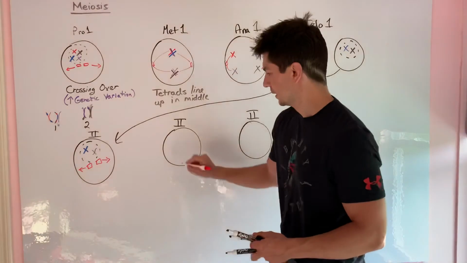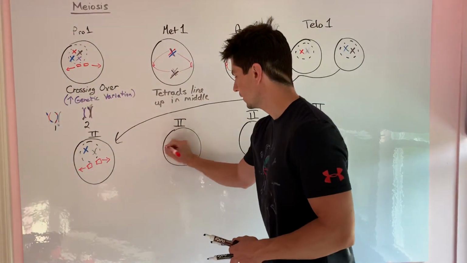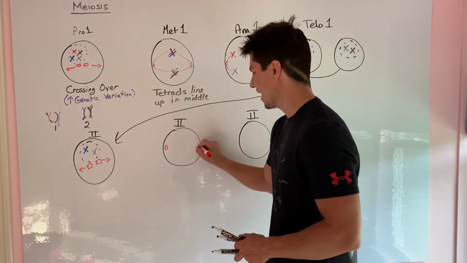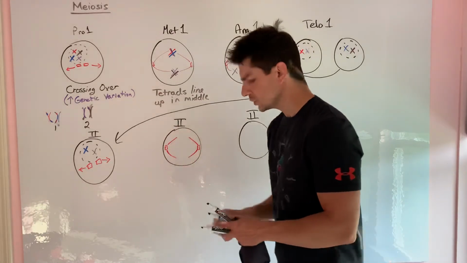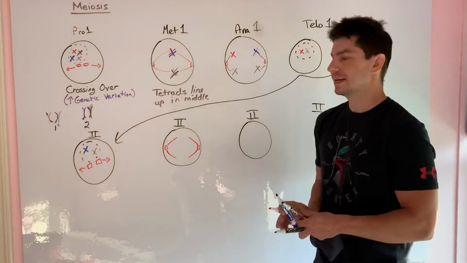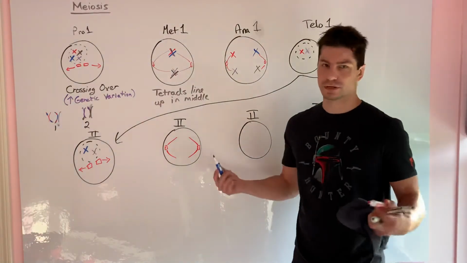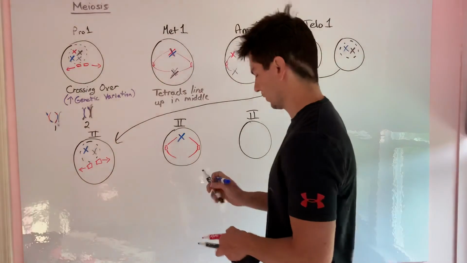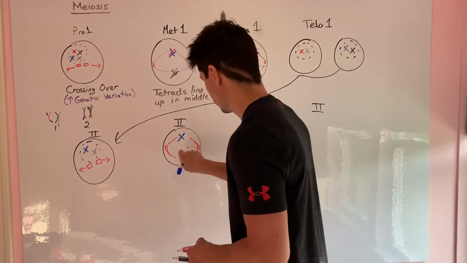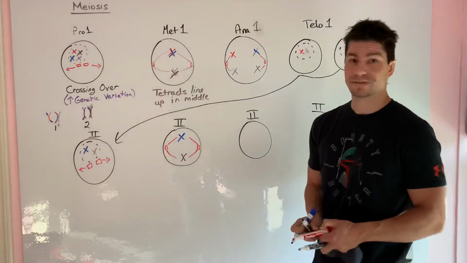Pretty much it. Metaphase number 2 is actually going to look identical to metaphase in mitosis. The only difference is we're not going to have as many chromosomes lined up in the middle. So we're going to have our blue one, our brown one. That's it for metaphase 2.